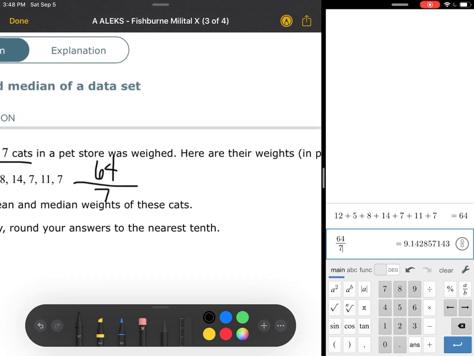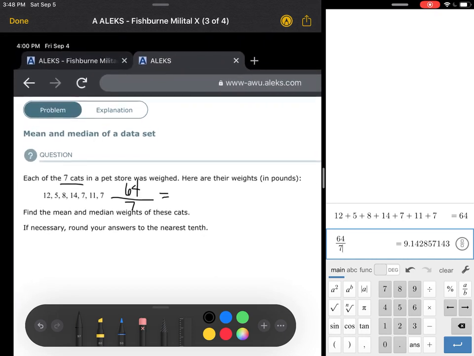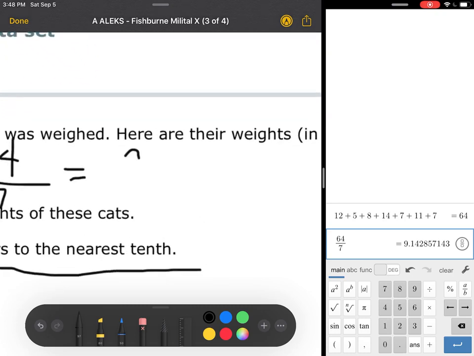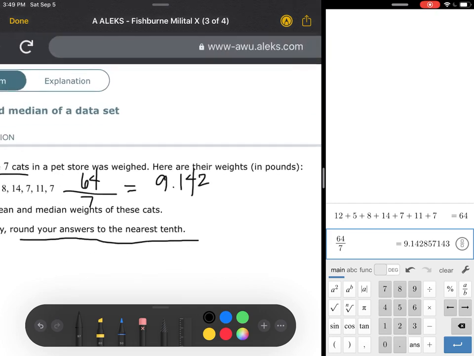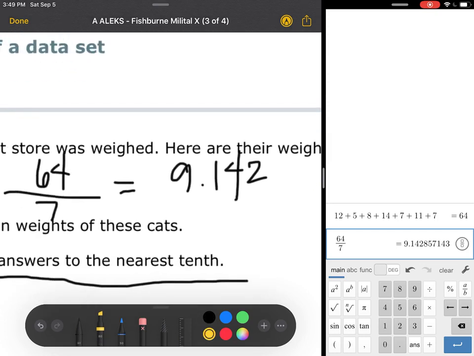So it gives me a number as a decimal, and it says, if necessary, round your answer to the nearest tenth. So I'm going to say 9.142. Okay, I know I haven't rounded yet, I'm getting there.